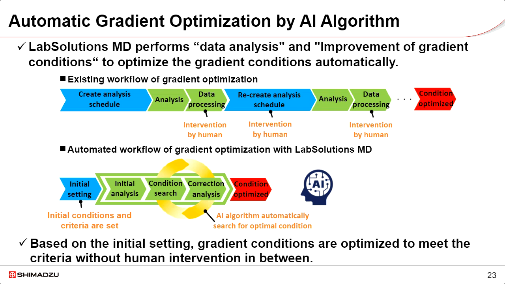By setting the initial conditions and boundary criteria, the software runs an initial analysis, checks whether the conditions are satisfied, corrects the analysis, changing it in order to accomplish the desired conditions, and will repeat that cycle until it has reached its goal, without human intervention in between each cycle.